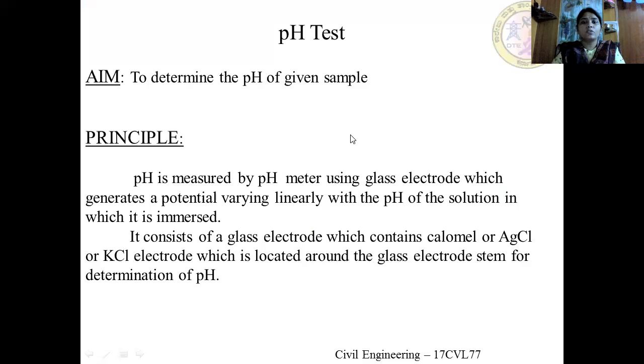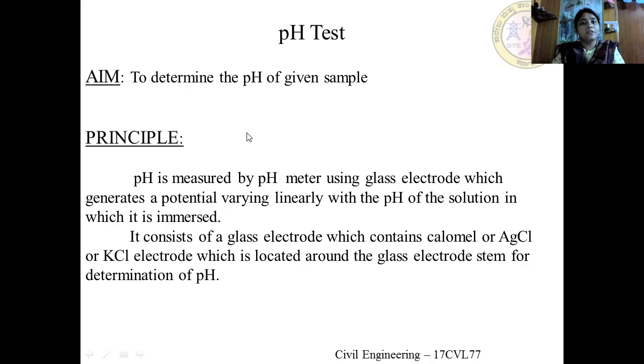Then we call the electrode a calomel electrode, or sometimes even silver chloride or potassium chloride is surrounding the glass electrode stem, and hence we call it a silver chloride electrode or potassium chloride electrode. It is this electrode which is the most sensitive part, which determines the hydrogen ions present in the water sample, and finally tells us the pH value of that particular sample.